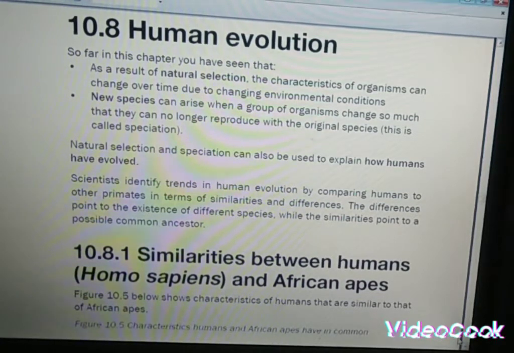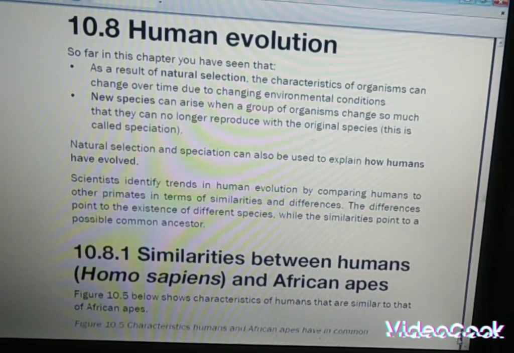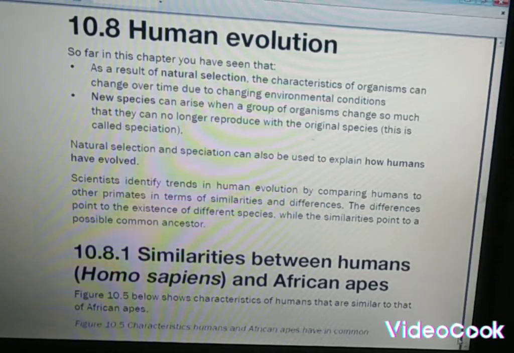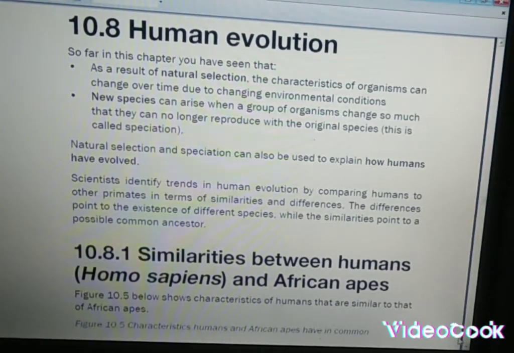Okay, we have had our time where we talked of natural selection, and we also talked of new species arising among the same species of animals. When we talk of natural selection, we simply said the characteristics of organisms can change over a period of time due to the changing environmental conditions, right?